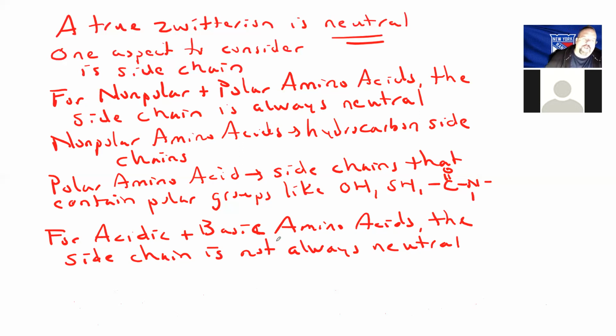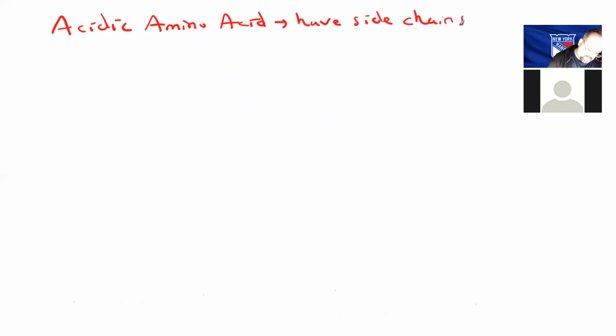So, what defines an acidic amino acid? They have side chains that contain a carboxyl group.